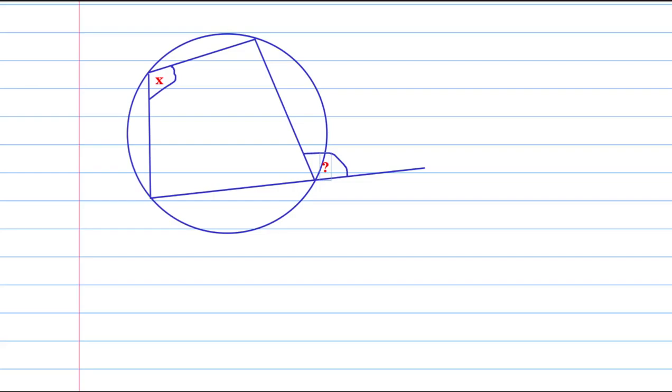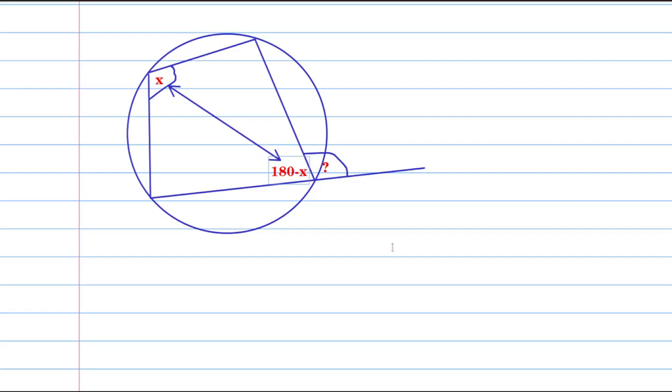Now let's do the math here. One theorem is telling us that once they are opposite, they are going to add up to 180 degrees. What is this angle? This angle is 180 take away x.